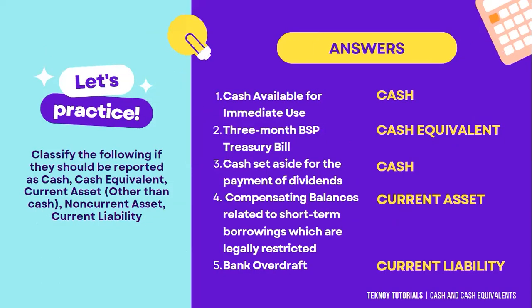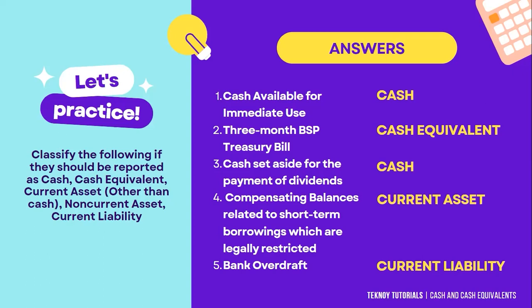For the first item, cash available for immediate use is obviously cash. A 3-month BSP Treasury bill is part of cash equivalent. Third item, cash set aside for the payment of dividends is included in cash.